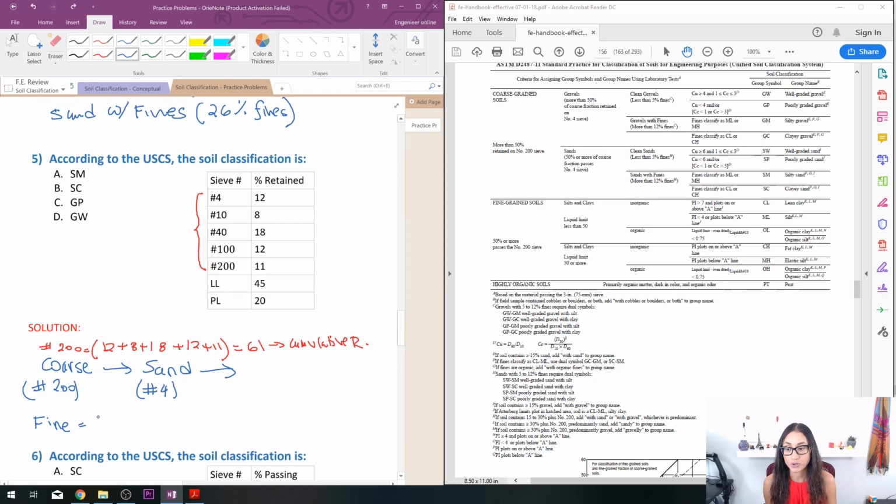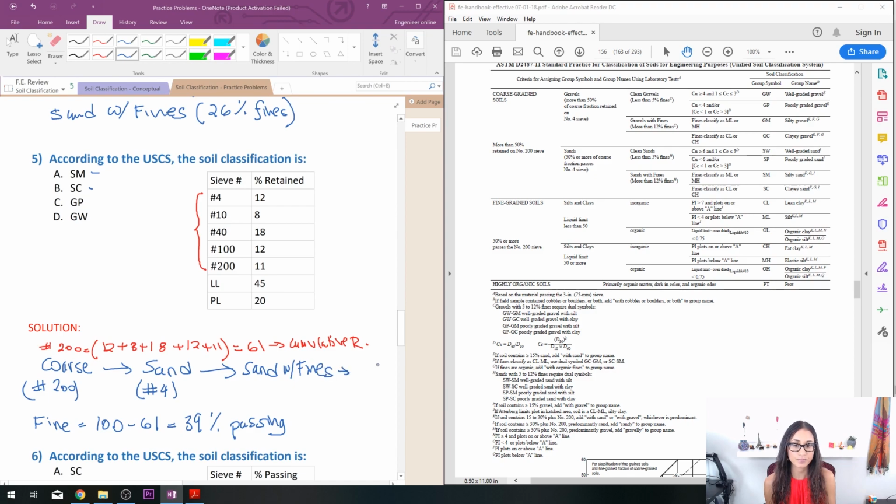So what I'm going to do is 100 minus the 61% that is retained, and this is going to give me 39% passing. So I have more than 12% fines. So again, I'm going to classify it as either SM or SC. Okay, so let's do sand with fines.